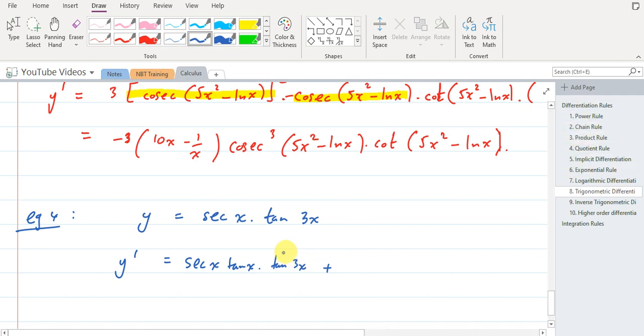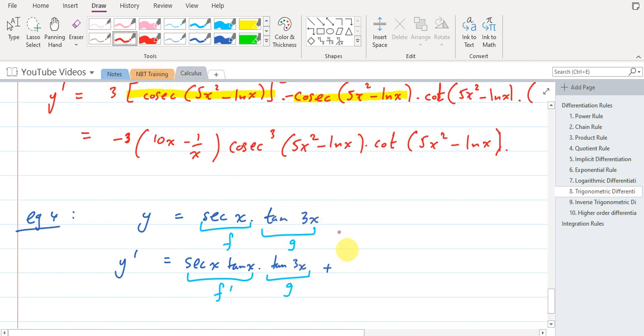So sec x tan x times tan 3x. I finished differentiating sec. Let's take this as f and that as g. So I just found f prime for now and I left the g. Now I'm finding g prime.